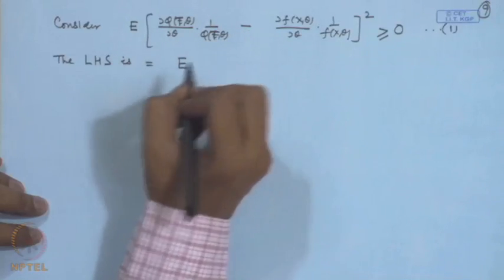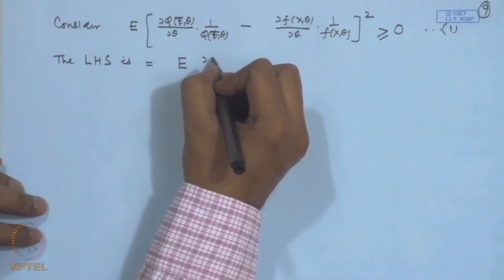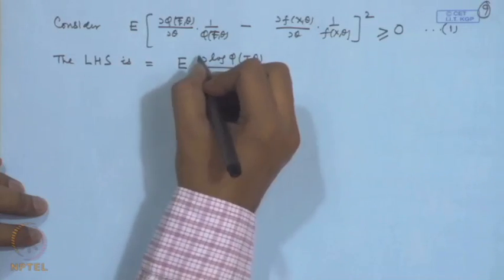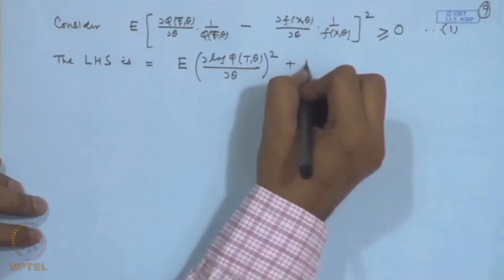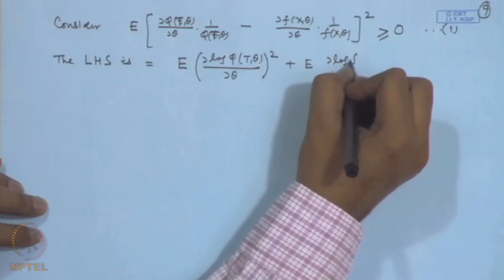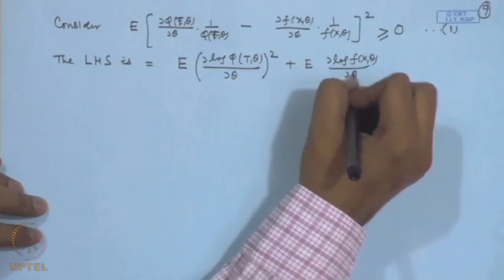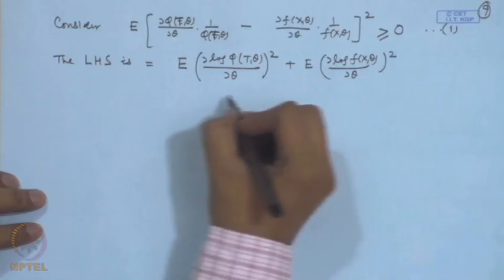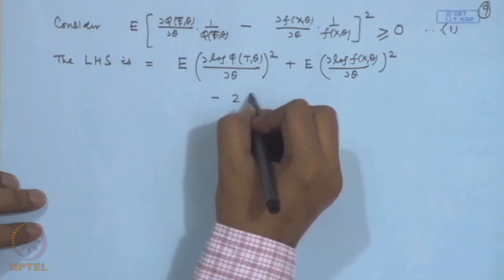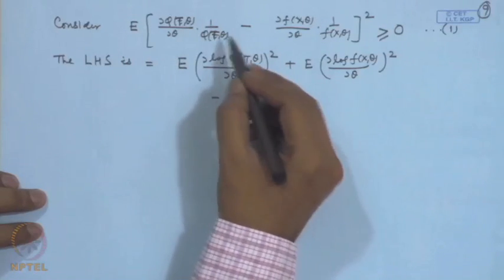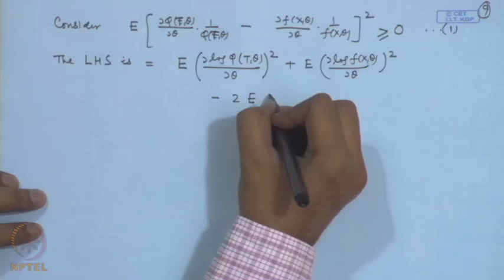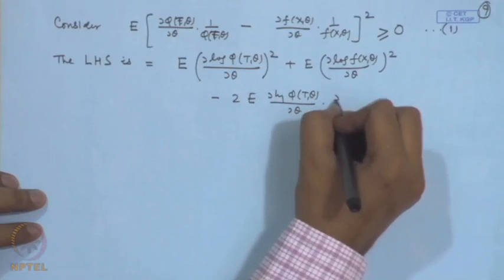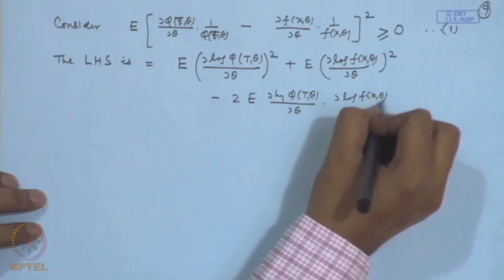So, this is becoming expectation of (∂ log φ(t, θ)/∂θ) squared plus expectation of (∂ log f(X, θ)/∂θ) squared minus twice expectation of the product of these terms, that is ∂ log φ(t, θ)/∂θ into ∂ log f(X, θ)/∂θ.